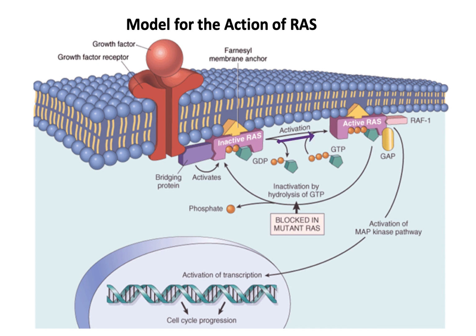And RAS is activated by dropping the GDP, picking up GTP, and then signaling other proteins such as RAF. So either RAS or RAF, if they are mutated, can cause cancers, initiation of cancers. Or you can block this also in mutant RAS for dropping the GTP and picking up GDP and activating it.